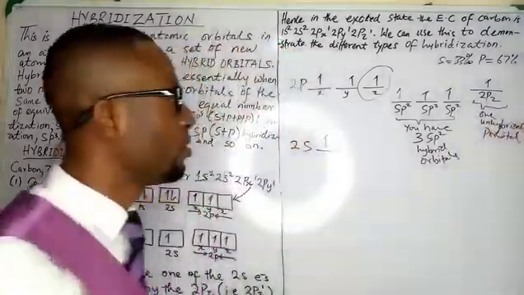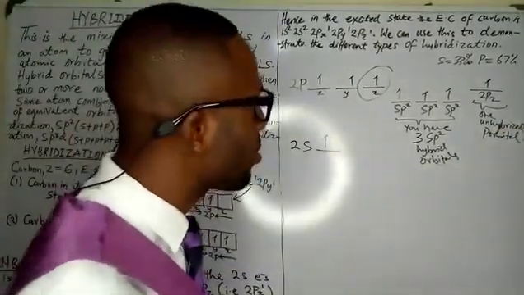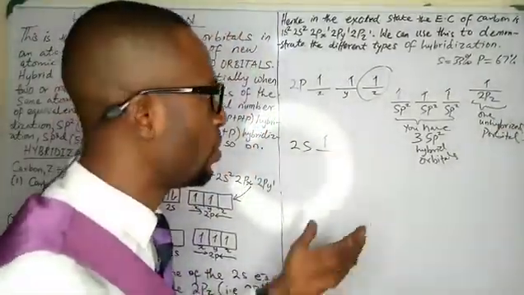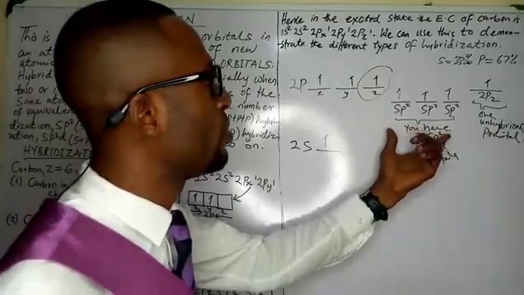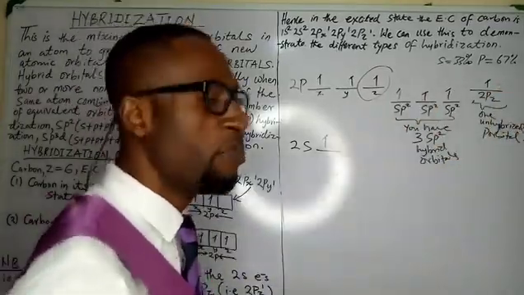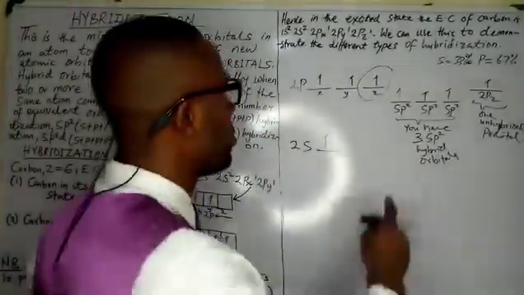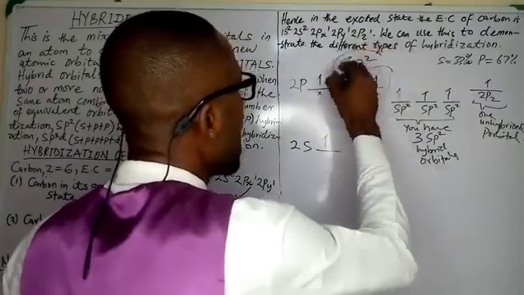Pay attention to this. In the next lecture, I'm going to explain certain things to you. Just know that hybrid orbitals are used to make sigma bonds, while the unhybridized orbitals are used in making pi bonds. I will explain it in the next lecture. Nice. So this is for sp2 hybridization.